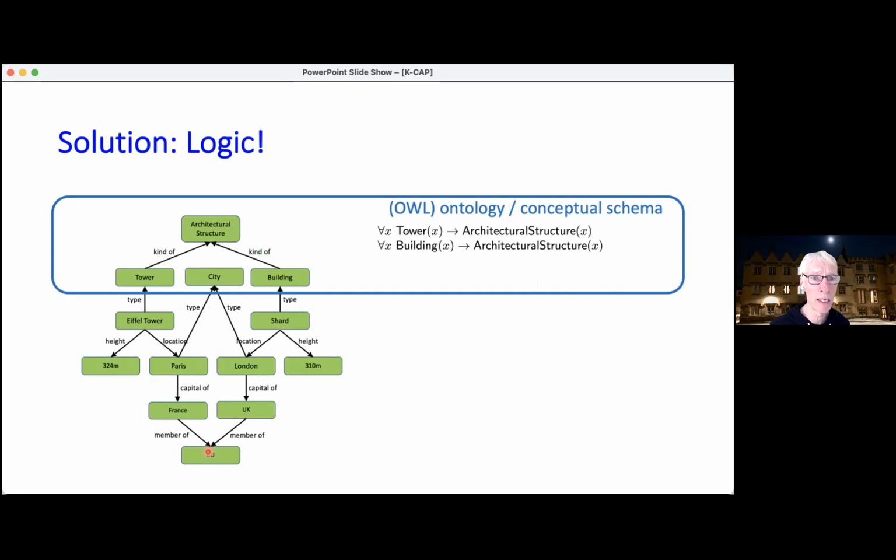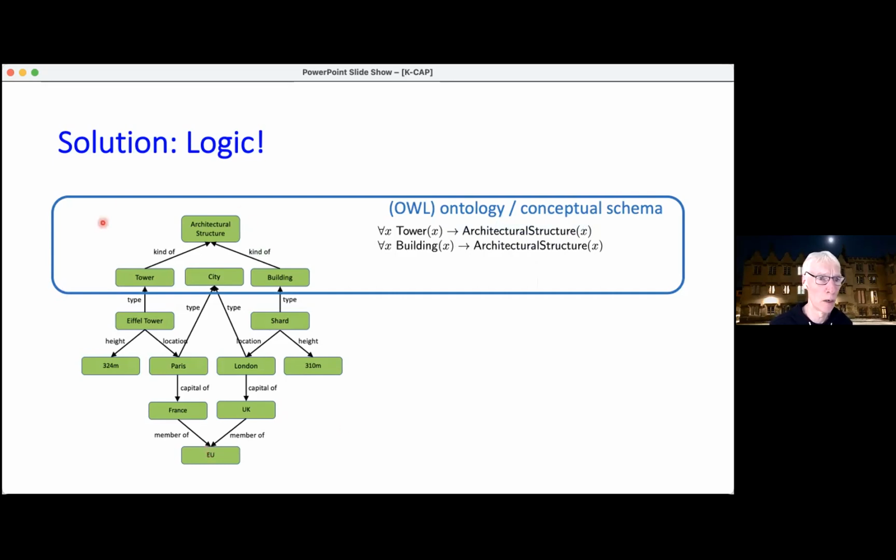And in our case here, what OWL and RDF does is define a mapping from the graph form to a logical form. So it considers the two just to be alternative syntaxes for the same thing.